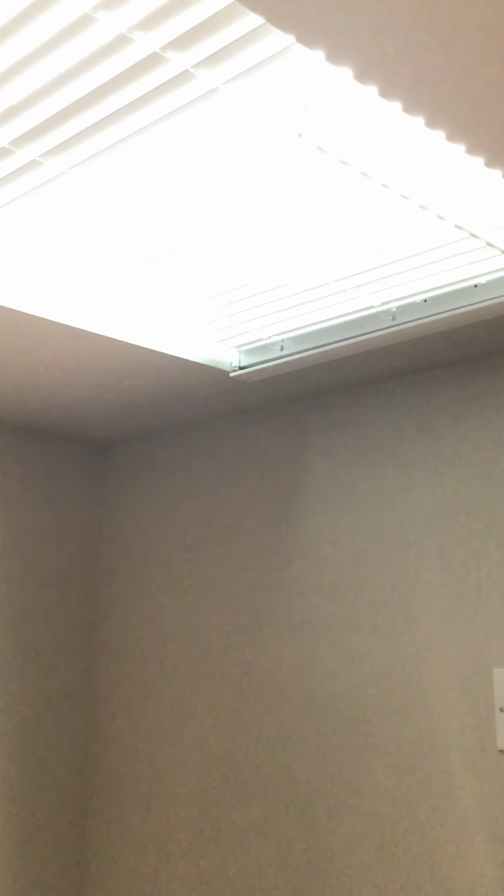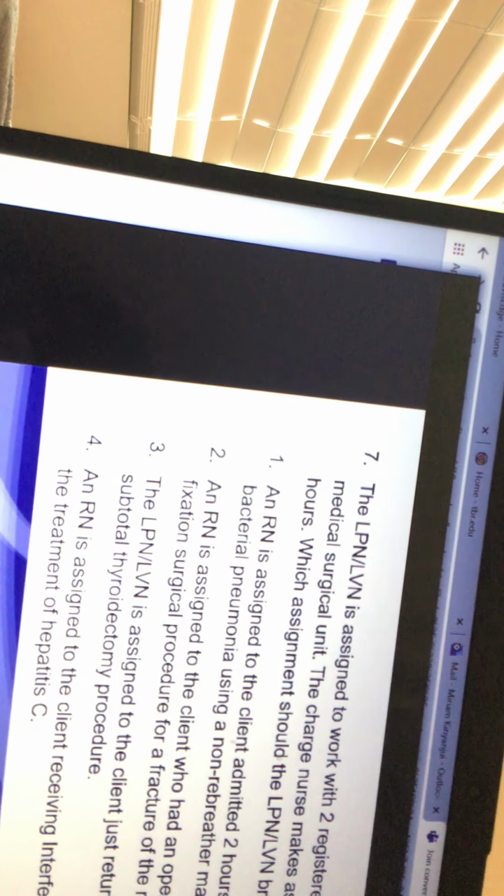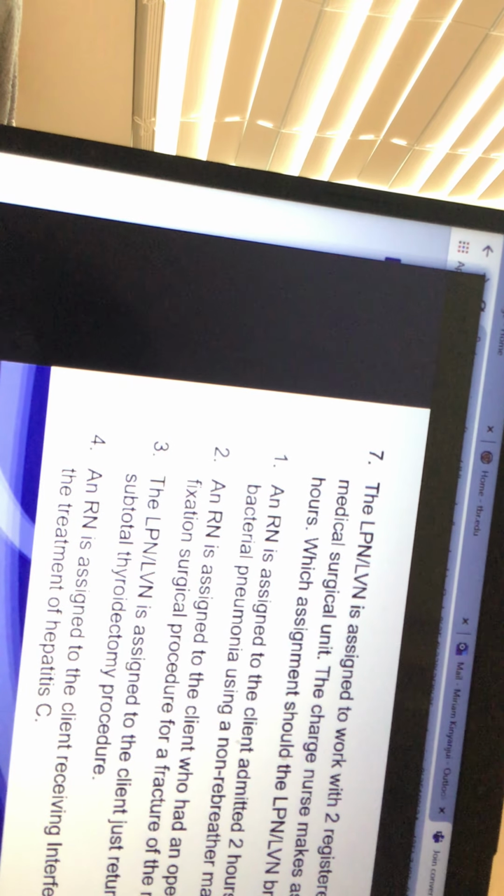That's not wrong. Because of that open reduction internal fixation procedure, this patient needs a lot of neurovascular checks and assessments. You got to give it to the RN. Again, this is NCLEX world. The RN's got to take care of that one.